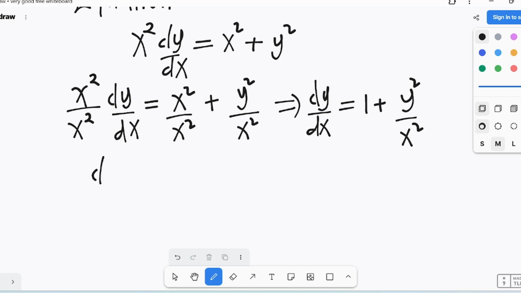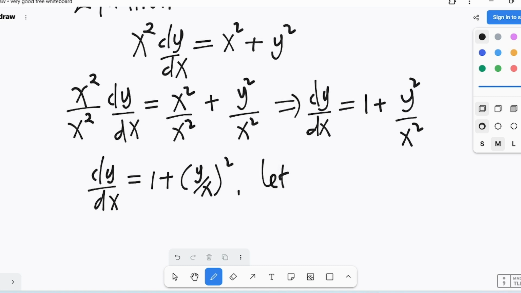Now, if we write it very well, it can turn out to be dy by dx is equal to 1 plus (y out of x) everything squared. Now, for homogeneous differential equations, we always let y equal to ux.